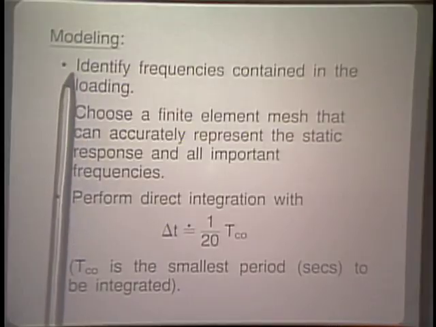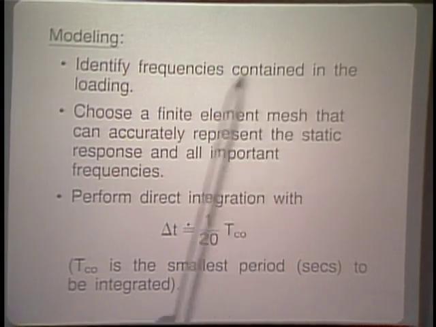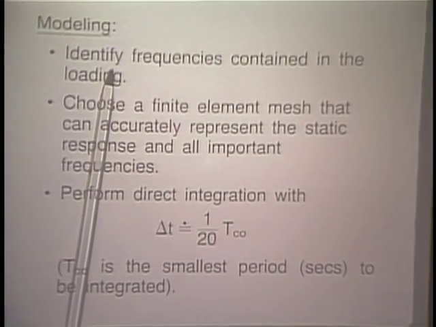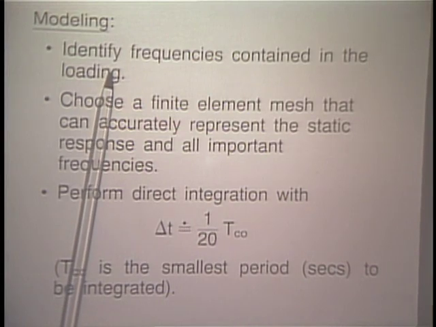Some modeling hints regarding the use of the implicit time integration scheme. The integration scheme is generally used to analyze structural vibration problems, and we would proceed as follows. We identify the frequencies contained in the loading by a Fourier decomposition.